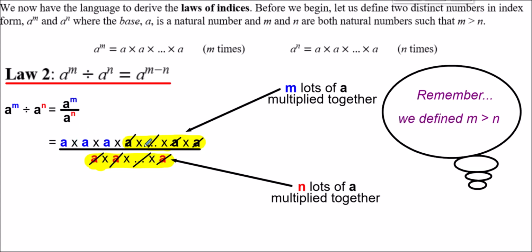So what I've cancelled here is all of the n a's on the bottom with n a's on the top. So just to write that down, I'm going to say there's n lots of a cancelled on the top and bottom.